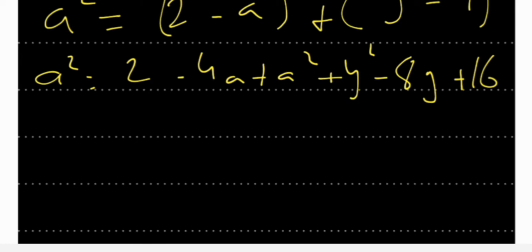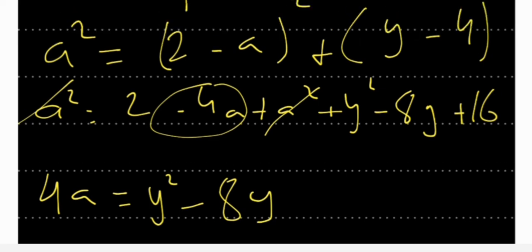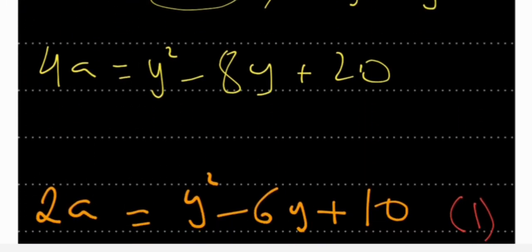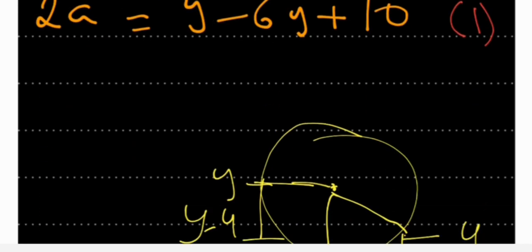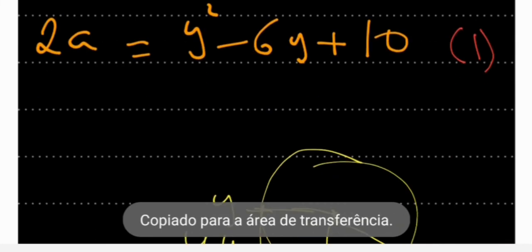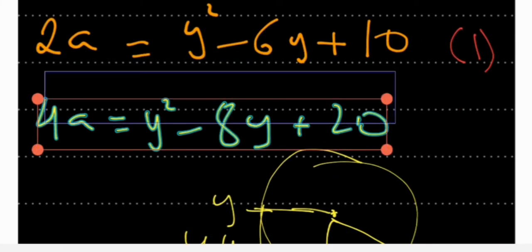So we'll have that 4a is equal to, this a cancels this, and this goes to the other side. So y squared minus 8y, this one over here, it is 2 squared, so it is 4 over here, plus 20, okay? So let me take this over here. Now we have our two equations, okay?